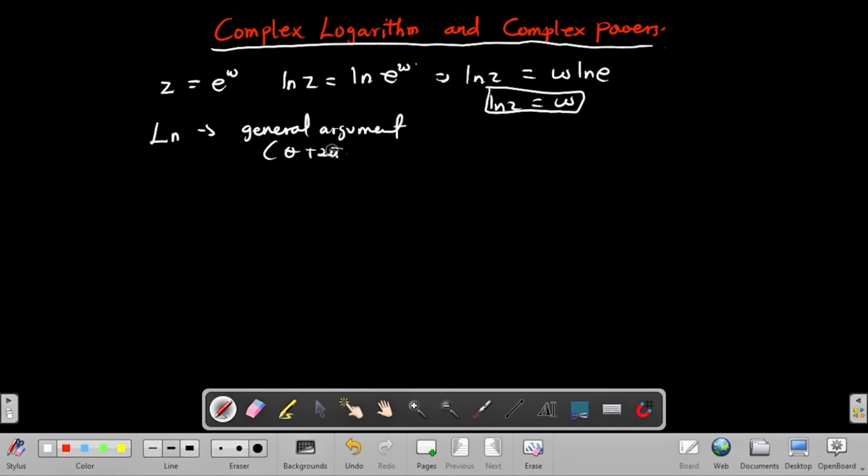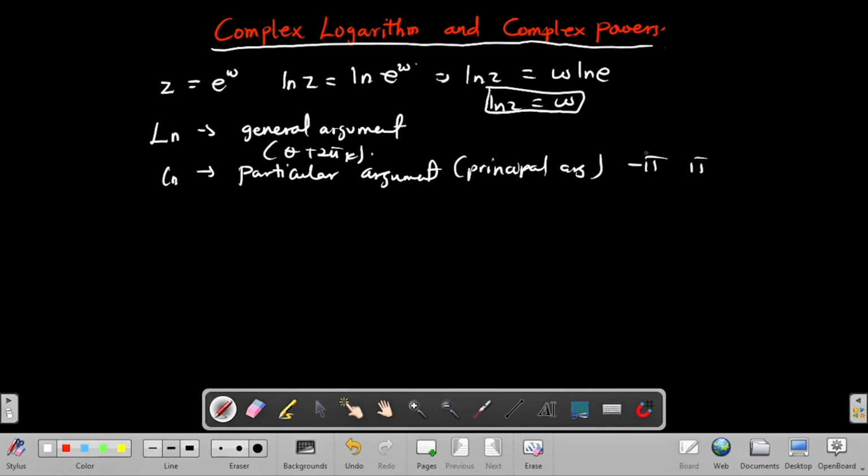The principal argument lies between negative pi and pi. So whenever you are simplifying a logarithm which involves complex numbers, just use the principal argument and get a unified answer. Let's solve a couple of problems.